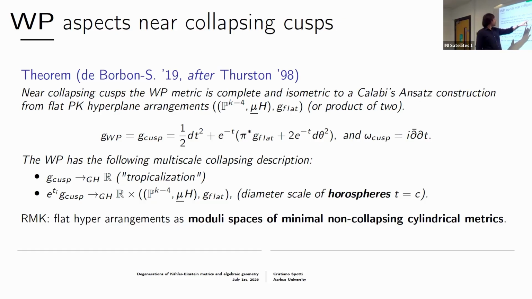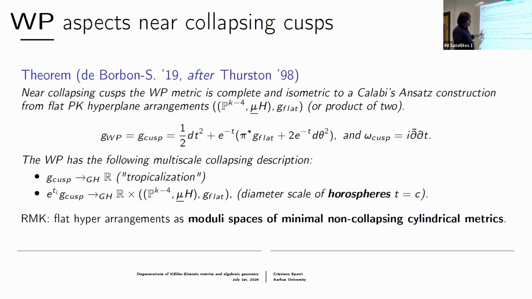In this situation they are flat hyperplane arrangements instead of the positively curved hyperplane arrangement, and you can write down not just the asymptotic cone. This is actually locally isometric, how the metrics look near this cusp. And you see that if you don't scale, you have kind of a multi-scale degeneration.